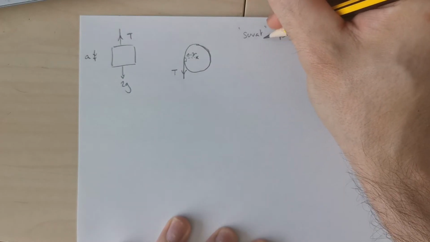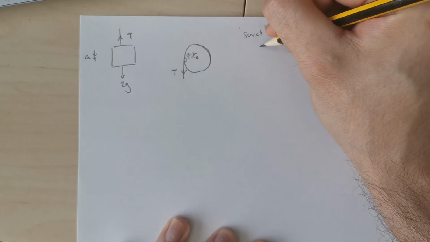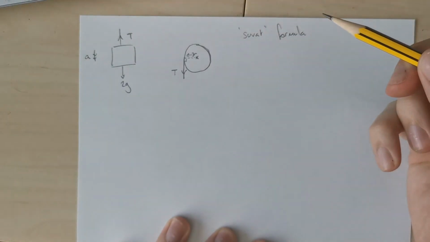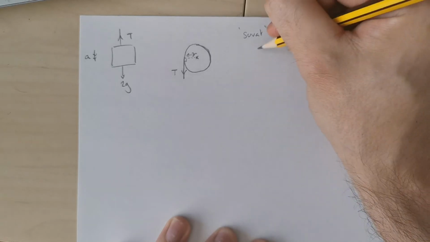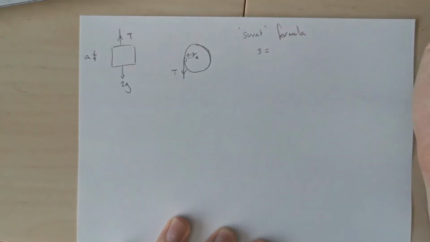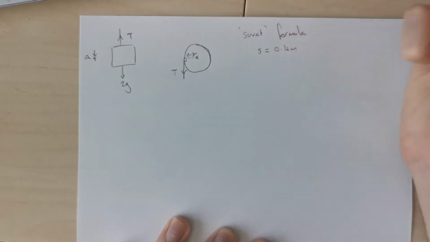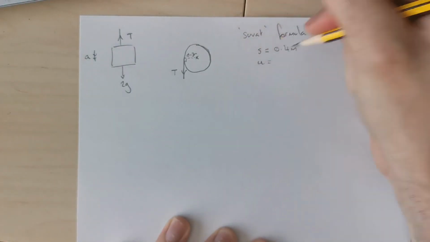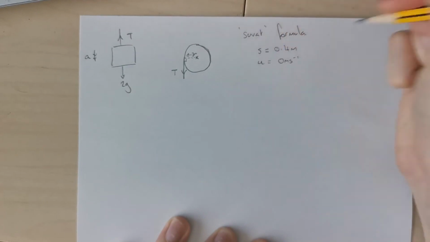So we've got our 5 different kinematic values. In the case we're dealing with here, the load is being lowered down to the ground. It's covered a distance, or displacement, which s is representing, of 0.4 meters. Initially, it's traveling at 0 meters per second.